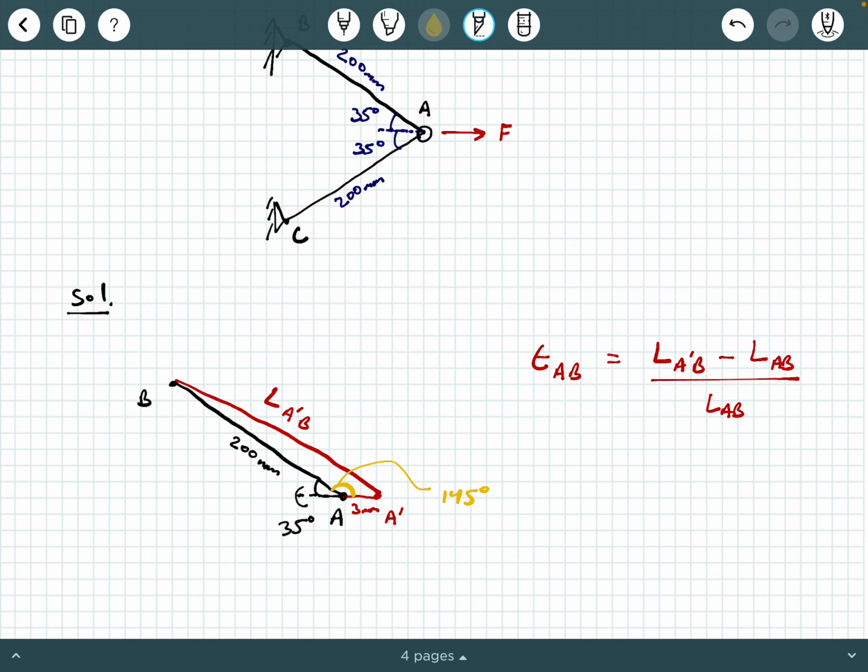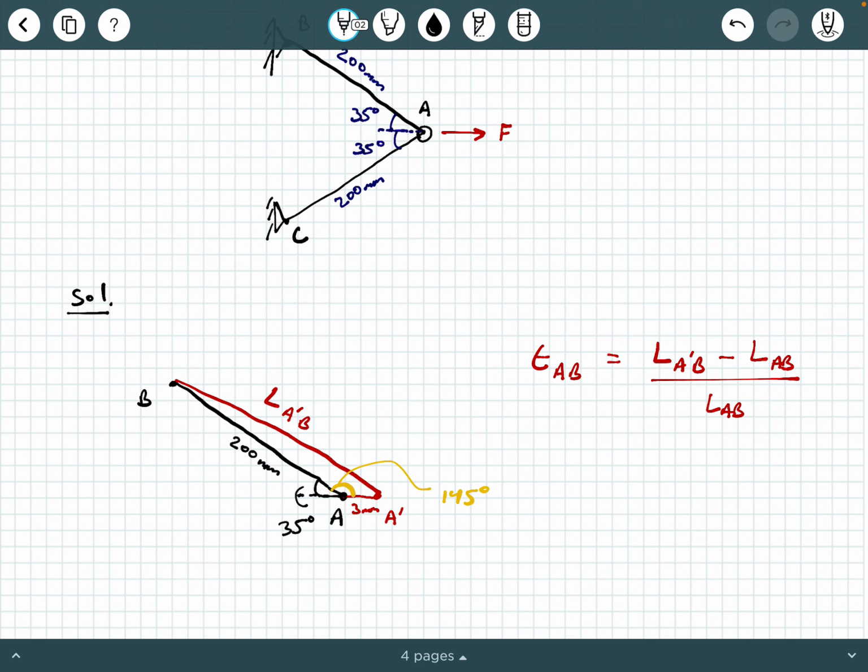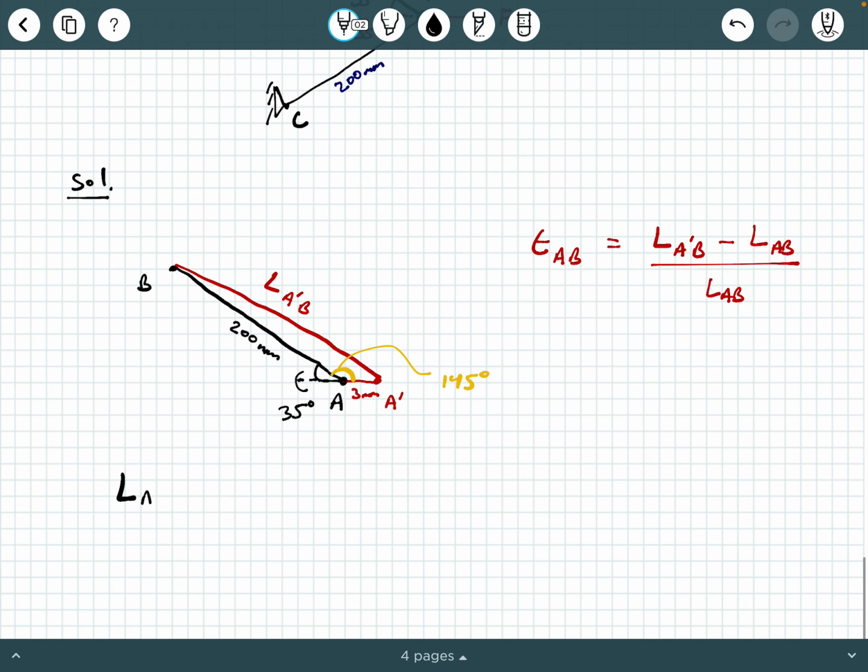Now, from here, you have that 145-degree angle. You have a side length of this triangle as 200 millimeters, and you have the other side length of this triangle as 3 millimeters, okay? So now what we're going to do is say L A prime B equals, and we're going to use that law of cosines. And so what is that going to be?